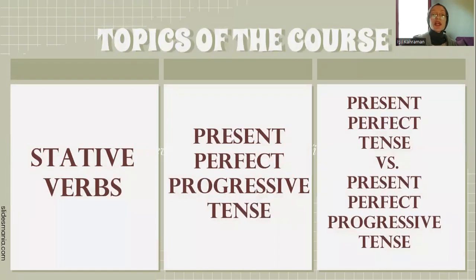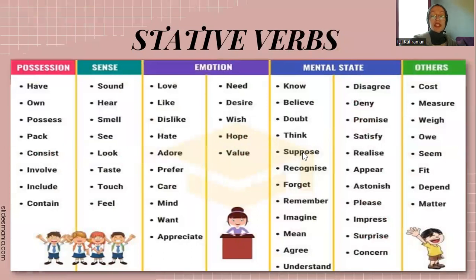The second one is present perfect progressive tense. We will learn what the progressive tense form is, and then we will compare them. What is the difference between present perfect tense and present perfect progressive tense? Let's continue with the stative verbs.